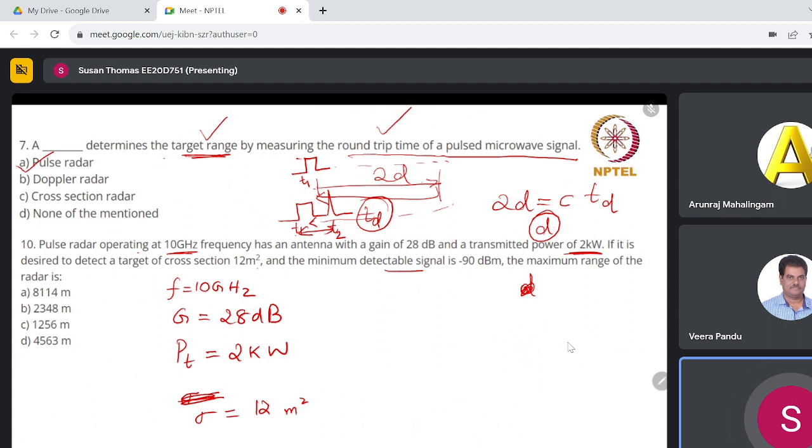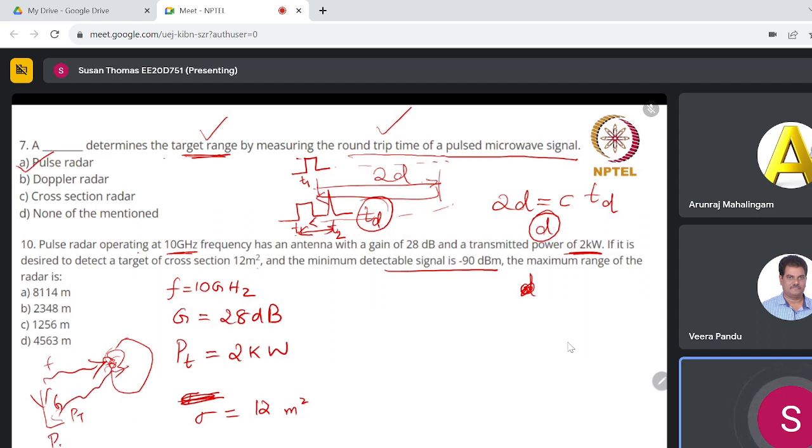The minimum detectable signal is minus 90 dBm. So you are sending in some signal at a frequency of 10 gigahertz. The antenna gain is given. Transmitted power is also known, and it is hitting the target at some area. From that area, the backscattered signal is coming back.